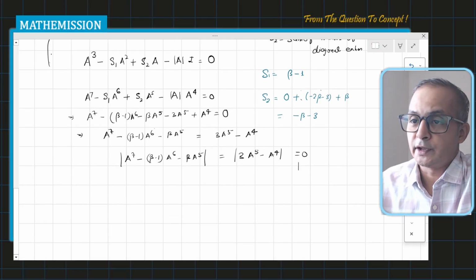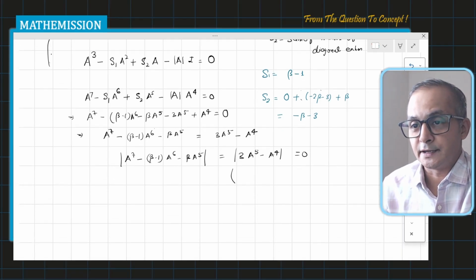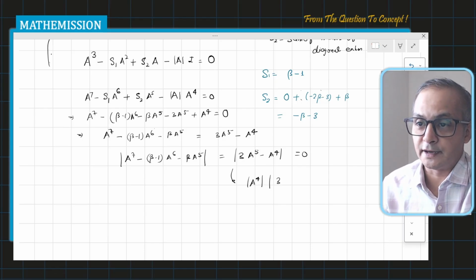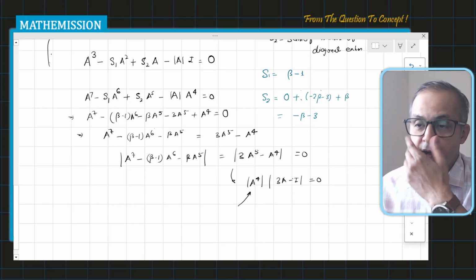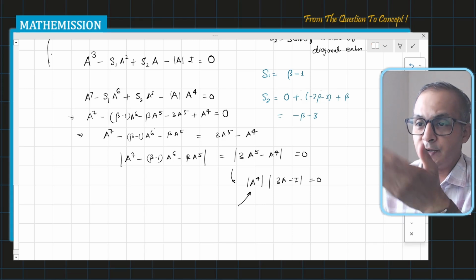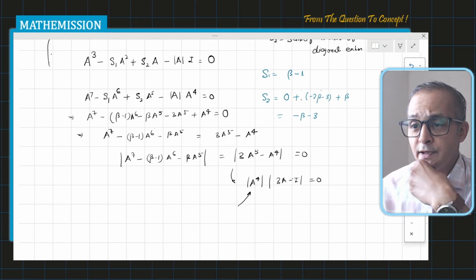From there, a to the power 4 is a common factor, so we get determinant of 3A minus I is 0. Again the determinant of A is minus 1, so that determinant will become 1 here. So finally I get determinant of 3A minus I is equal to 0.